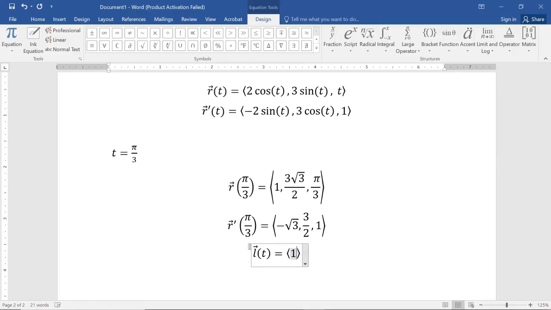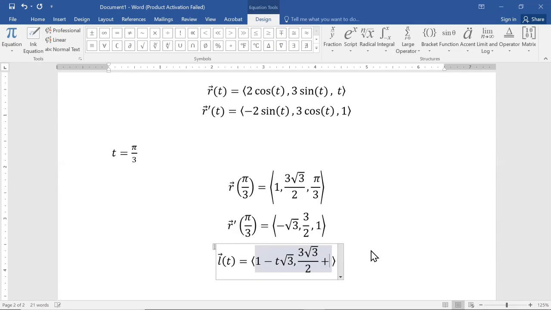1 minus t times the square root of 3. That's my x component. 3 square root of 3 over 2. That's my fixed part of y.